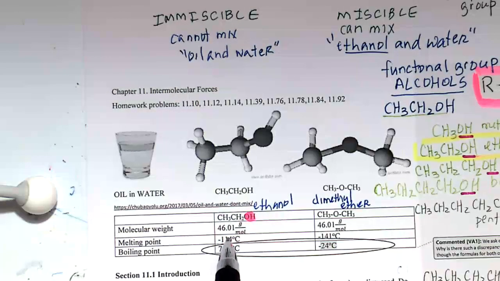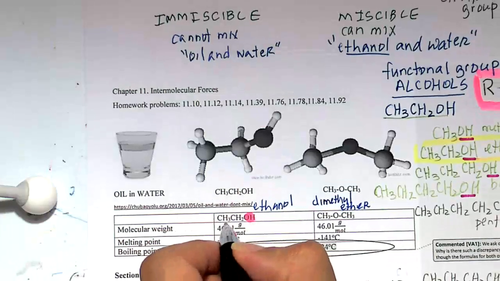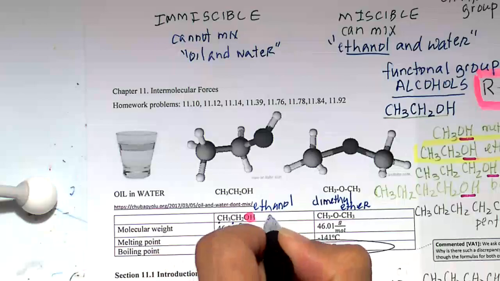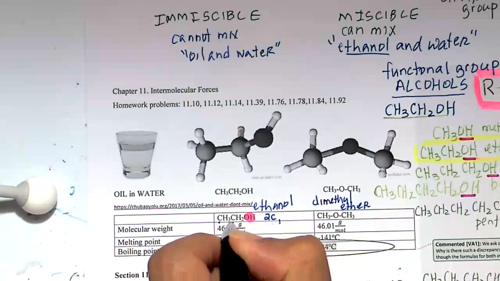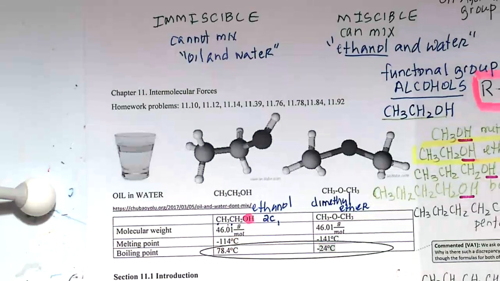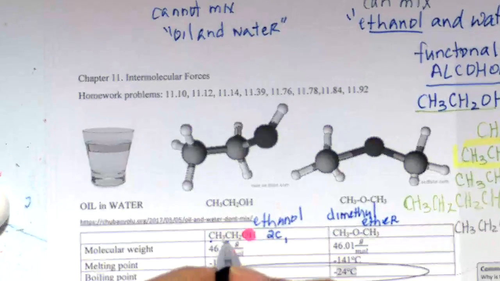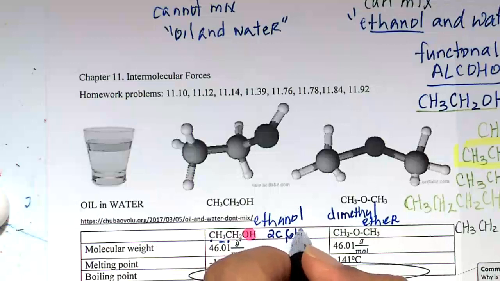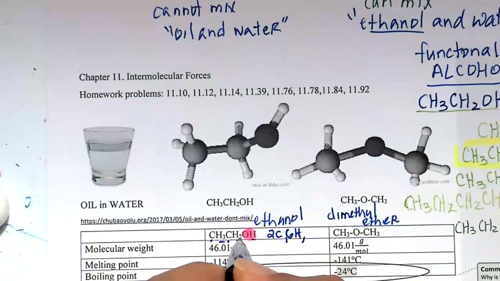Let's look at the molecular weight and compare these two molecules. Before we compare them, let me ask you: how many carbons in ethanol? 2 carbons. How many hydrogens? 6 hydrogens.